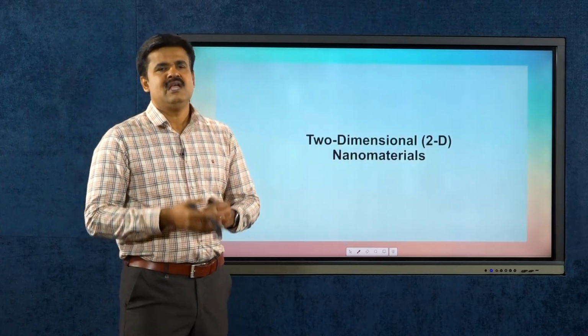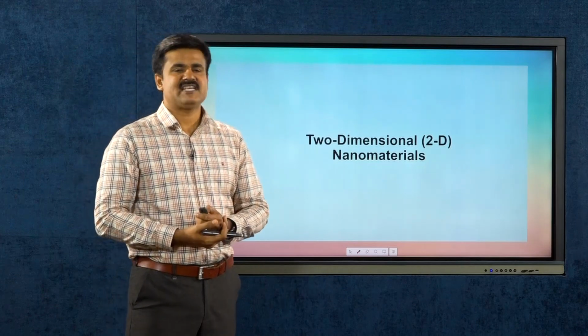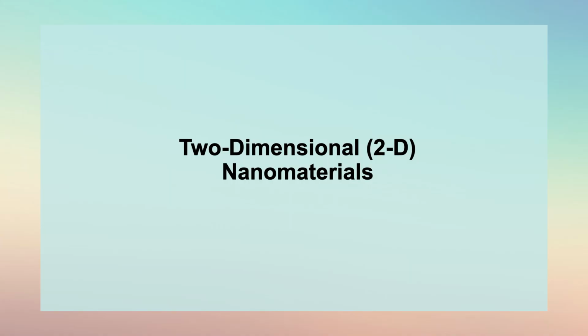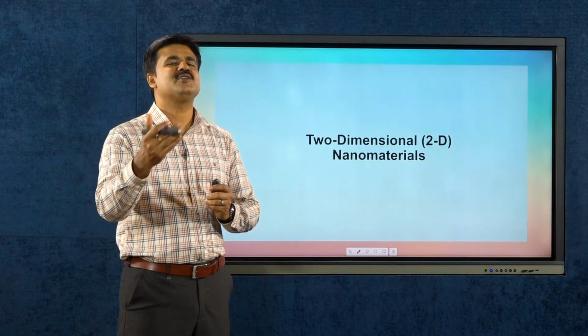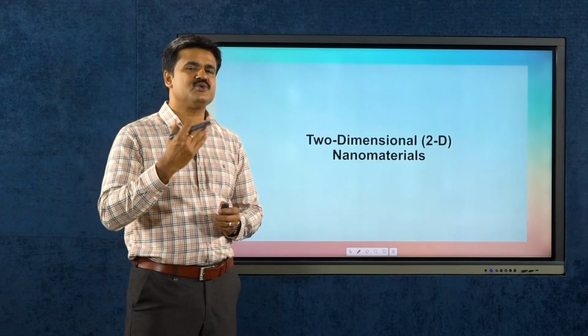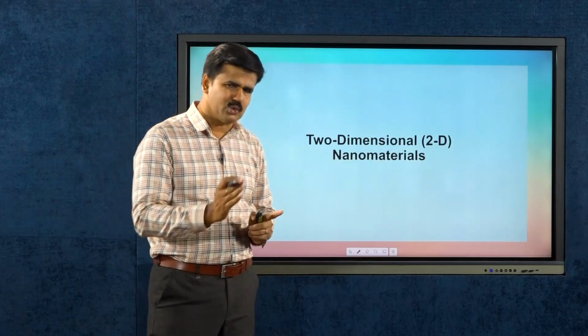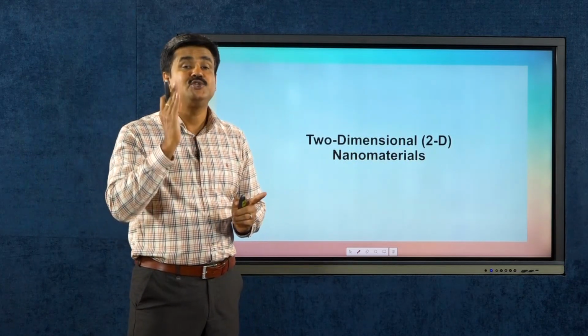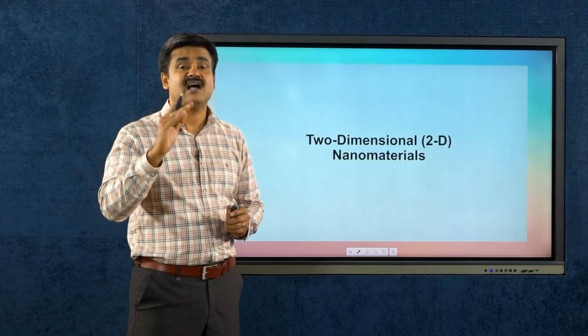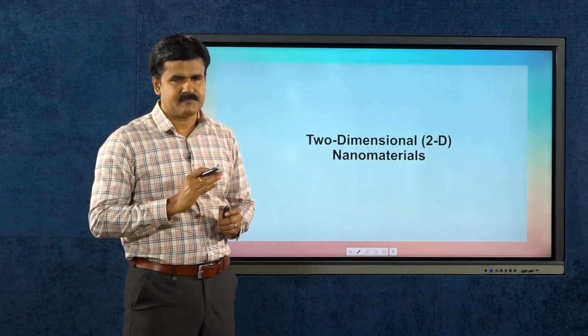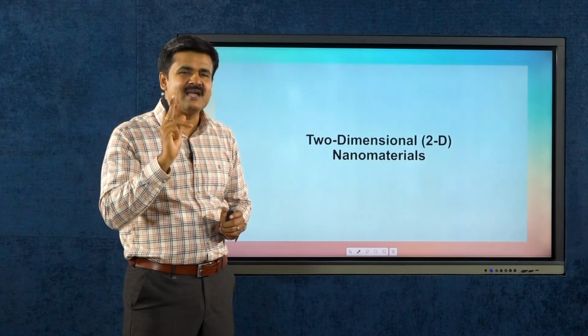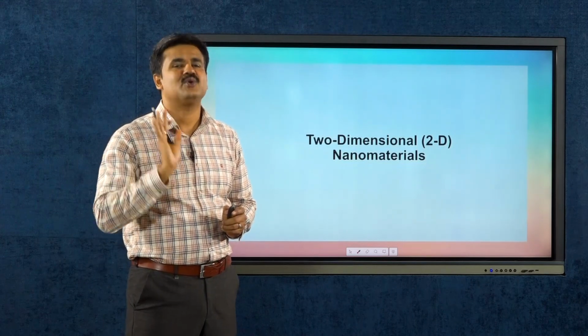Now, we are entering the next classification based on dimension: two-dimensional nanomaterials. Before entering into the details, we have to keep in mind that the number 2 represents two dimensions outside the nano size. That is, only one dimension is inside the nano range.